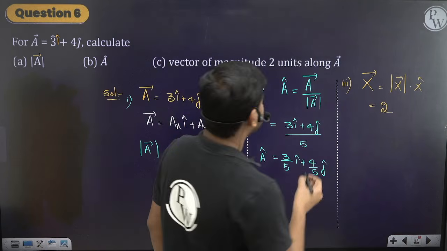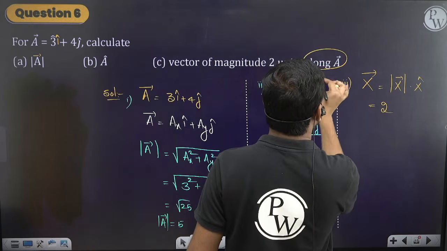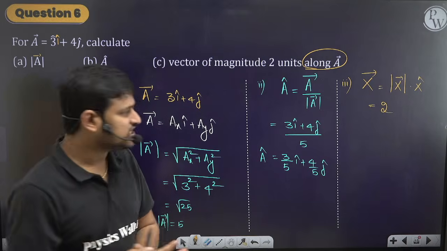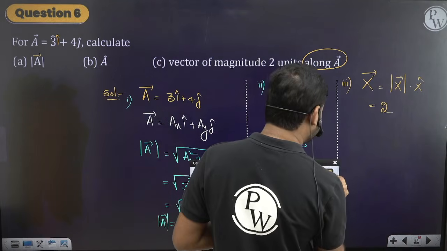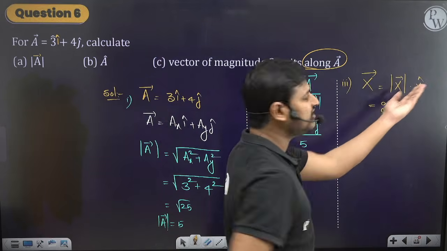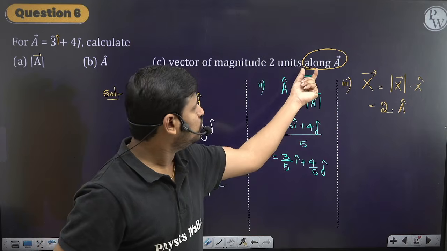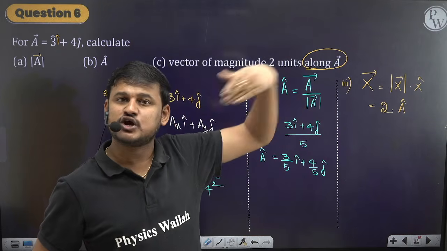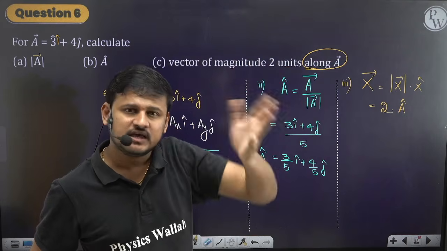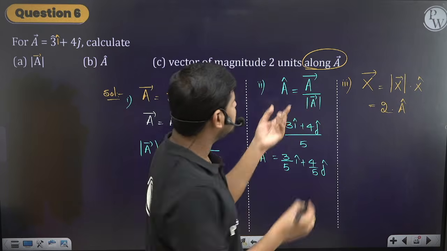And then, along A. What does it mean by along A? In the direction of A. In the direction of A means shall I take here the unit vector of A: 2 into the unit vector of A, that's it. 2 into, along A means in the direction of A. What is the unit vector in the direction of A? A cap, that's it. See, understand this statement.